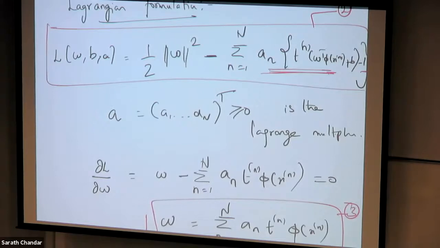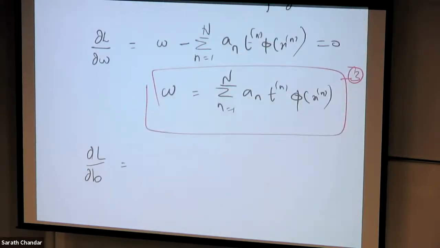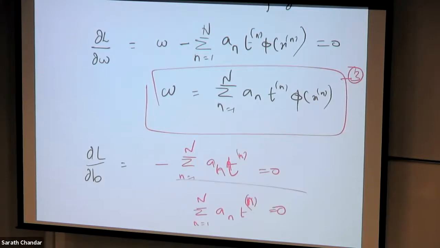So the term that you have is minus summation An Tn B. When you differentiate that, you get minus summation An Tn, since there is B, it becomes 1, is equal to 0. So this becomes summation over N is equal to 1 to capital N, An Tn is equal to 0. We are just going to call this equation 4. Is that clear?